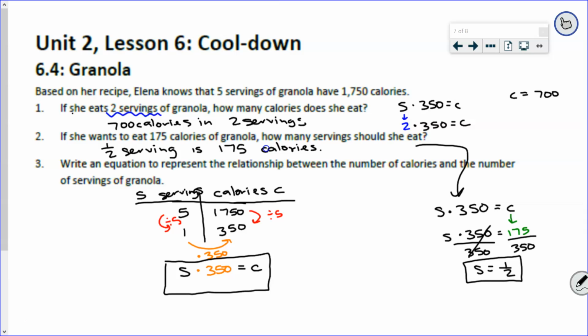That's why it's important that when we're choosing our variables, if it doesn't give them to us, choose your variables so that you remember which is which. S for servings, so that when it gives me the servings, I know I'm changing variable S. C for calories, so that when it gives me the calories, I know I'm changing variable C for calories. And then just solve your equations.